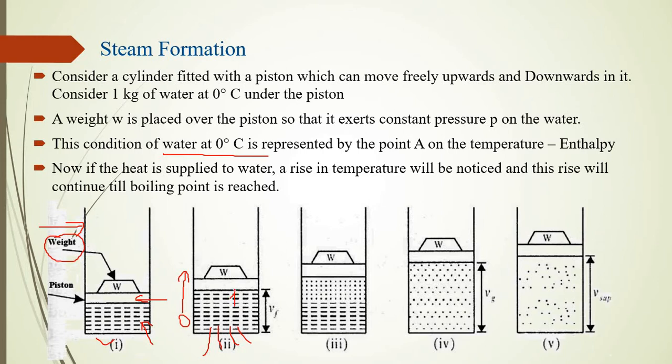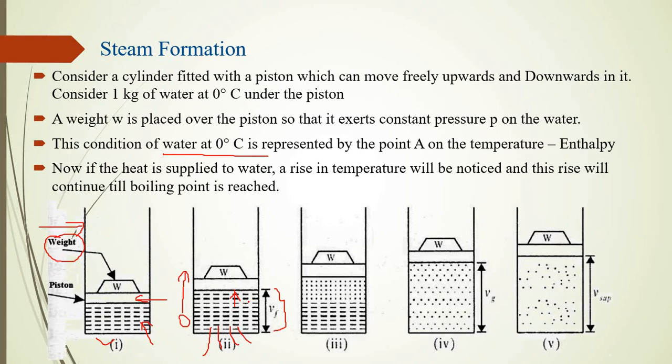The change in density happens because we give external heat to the water, creating vibration, and it requires more and more space inside the cylinder. The piston moves upward, balancing the weight we put on the piston. This portion is called VF, volume of fluid.